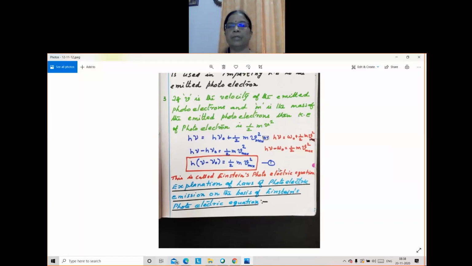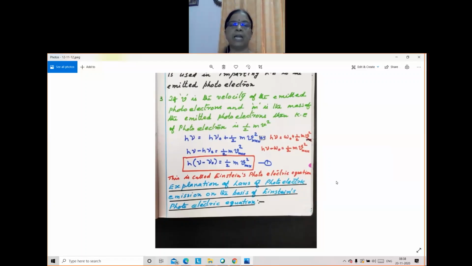That is the explanation. And the last one, there is no time lag, or there is a very small time lag between incident of photon and the ejection of electron. So that is an instantaneous process, just when a photon is incident, the electrons are ejected.